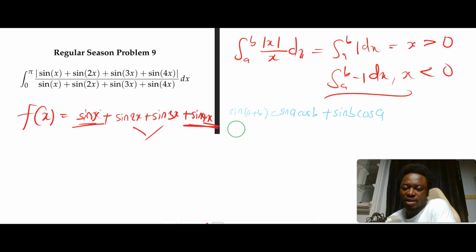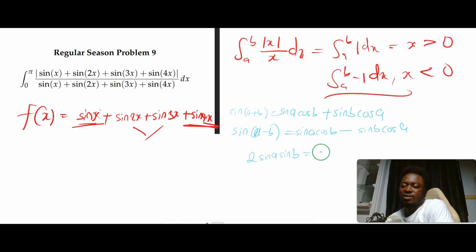And then the second part, you know that sine of a minus b is equal to sine a cos b minus sine b cos a. So if you add them up, you will get twice sine a cos b to be sine of a plus b plus sine of a minus b.